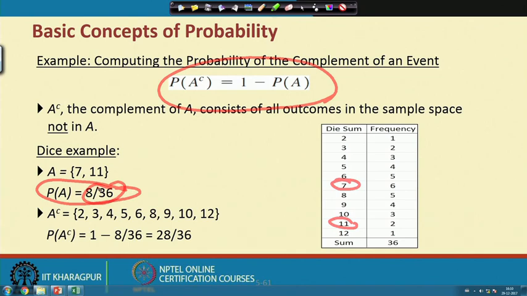As a result, either you calculate these, then 1 minus this much will give you the probability of A complement, or else you remove these and individually calculate for the rest of the things, then automatically you will get the same value.